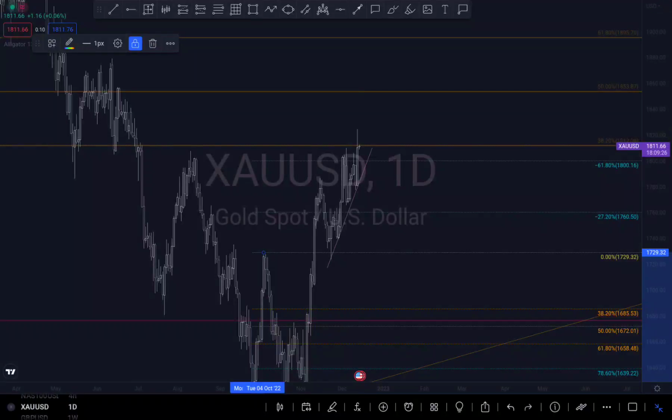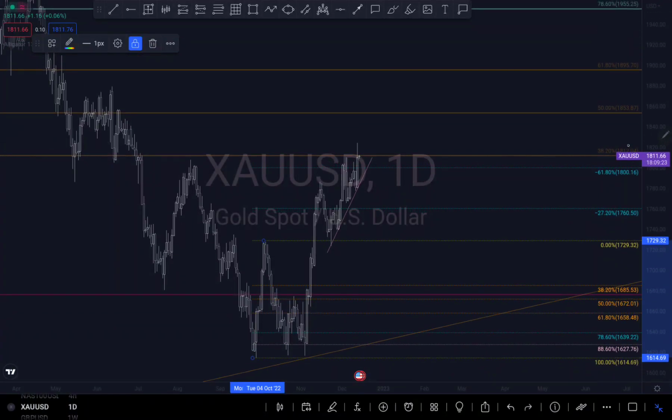Hi guys, so this is my analysis on gold. To be honest, if you watch my previous analysis on gold, I was expecting a big drop on gold, especially when it had breached my 61.8 Fibonacci.